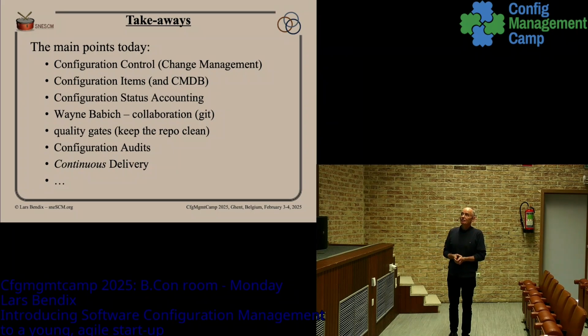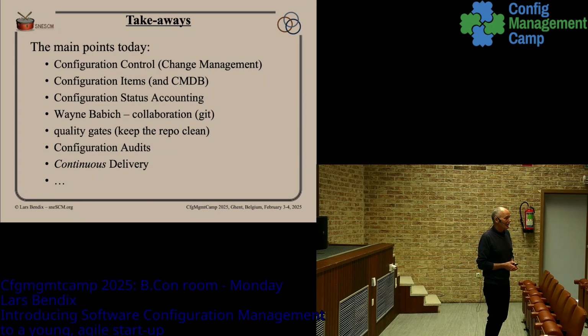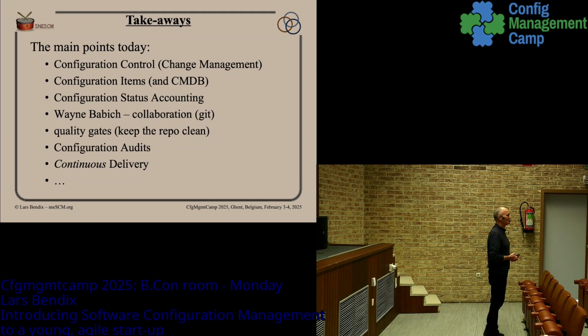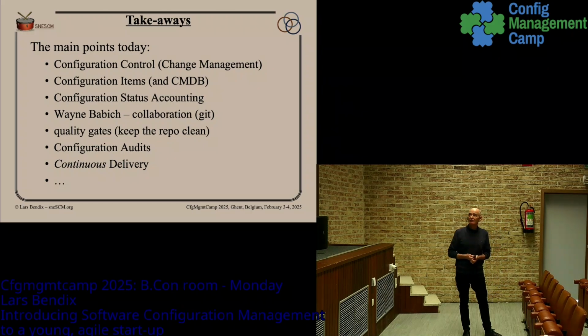The takeaways: configuration control, or change management, as the first and most important step. If you're not a configuration manager, but you're working in a project, then try to think about this as a checklist of the things that you should try to go home and see: do we have this? Could we make improvements on the way that we're doing these things?